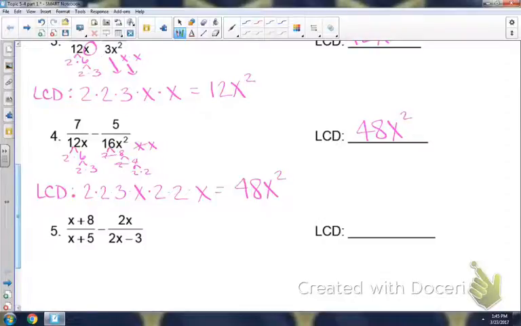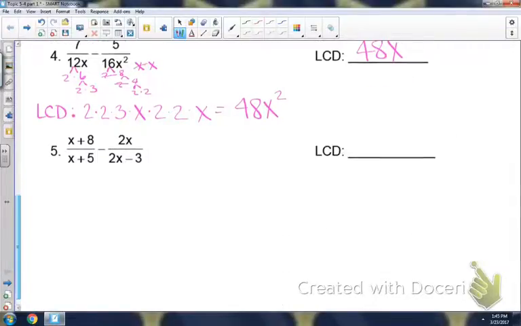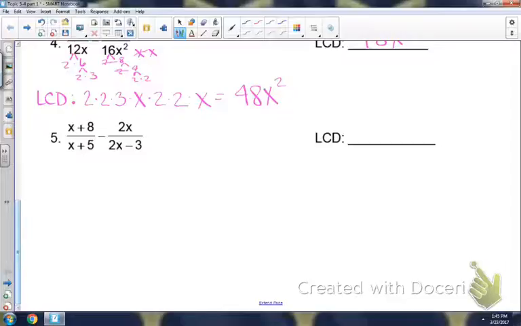Okay, so all of those first 4 examples only had one term in the denominator. If you notice on 5, we have more than one term. If there's more than one term, you're going to be factoring it like what we've been doing with factoring, difference of squares, what adds to the middle multiplies the outsides, things like that. Okay? Alright, so if you look at this first denominator, x plus 5, I cannot factor that. So I always bring down the first denominator.